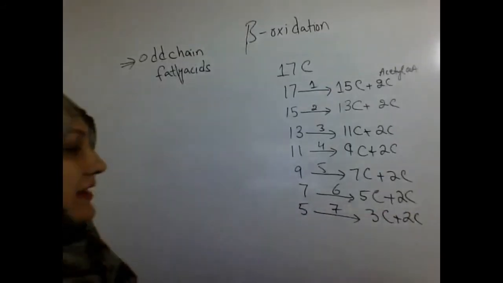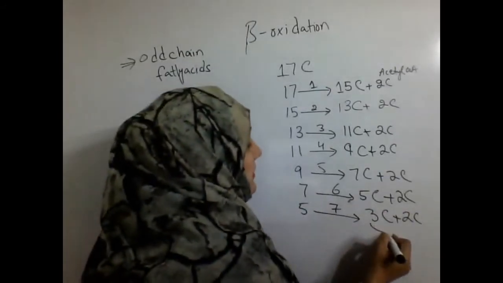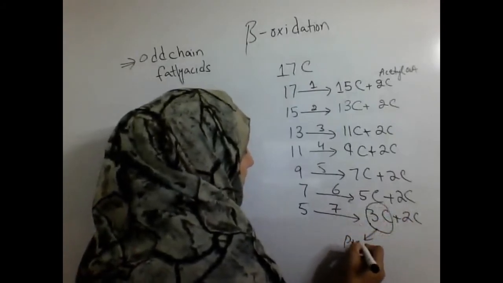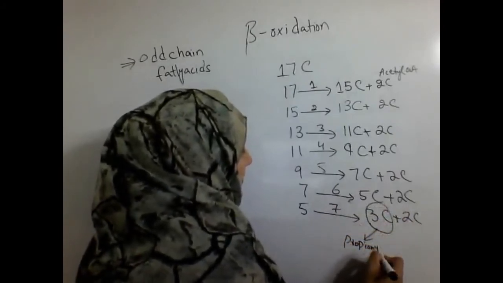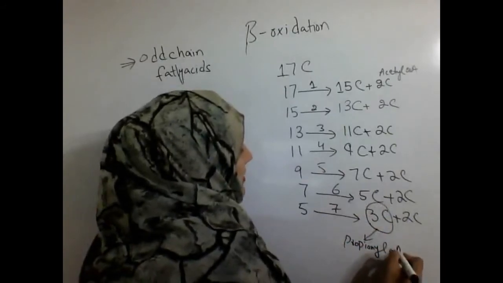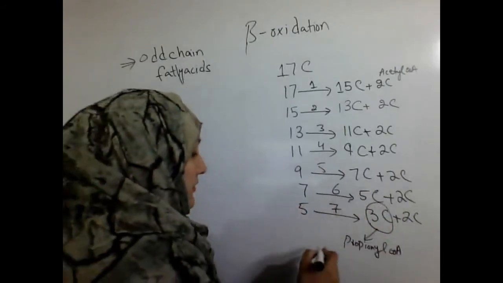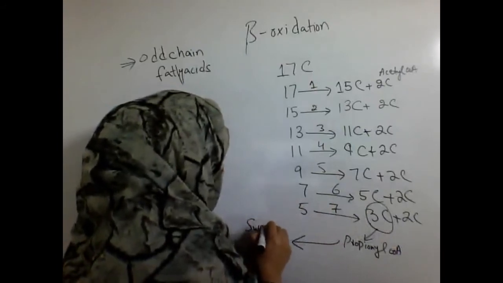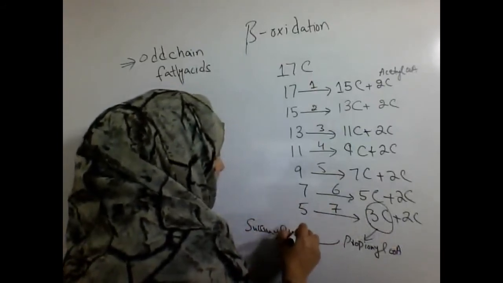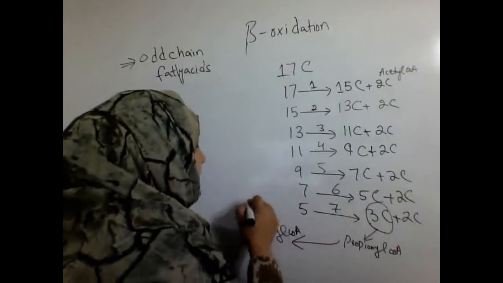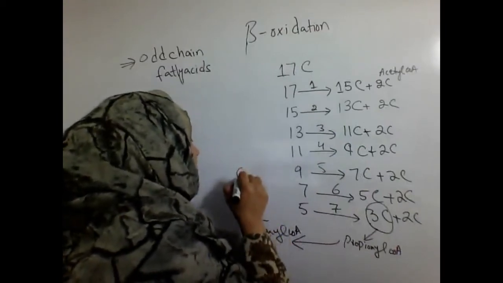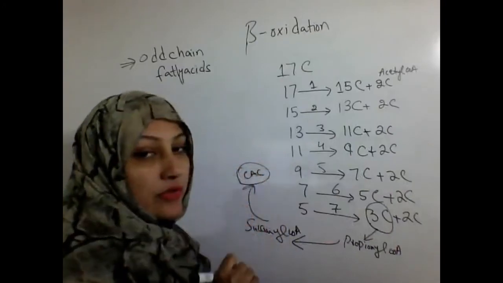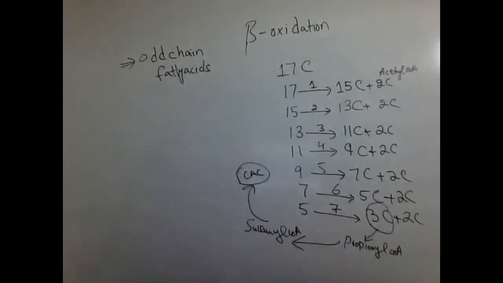Now in the end, the 3 carbon propionyl CoA is produced, which is converted into succinyl CoA, and this succinyl CoA enters the citric acid cycle for the production of energy.